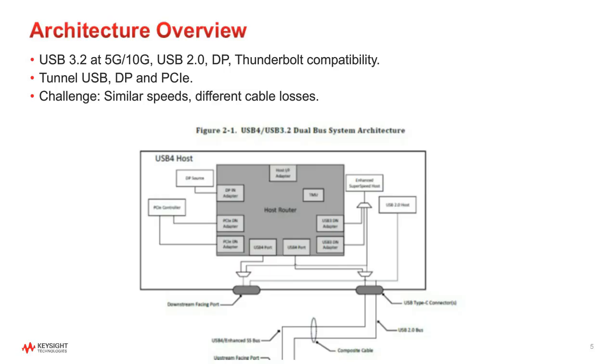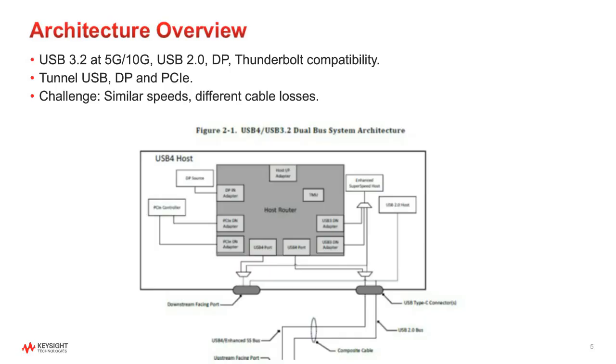In other words, the PCI signal at, I believe, Gen 3 does not come out the Type-C connector. So you will not see PCIe 8 gig on a Type-C connector. What it does, it goes through an adapter and it's tunneled. So when it comes out through the Type-C port, it looks like a USB 4 signal.